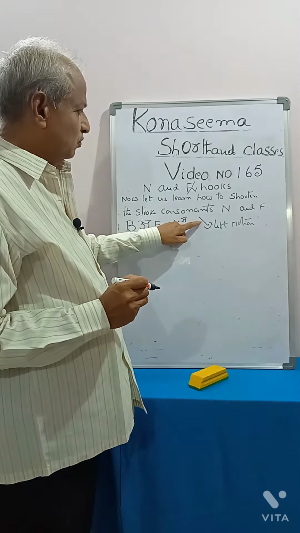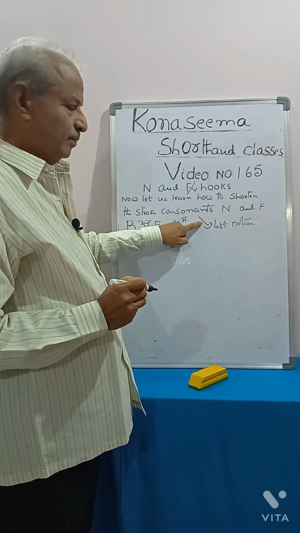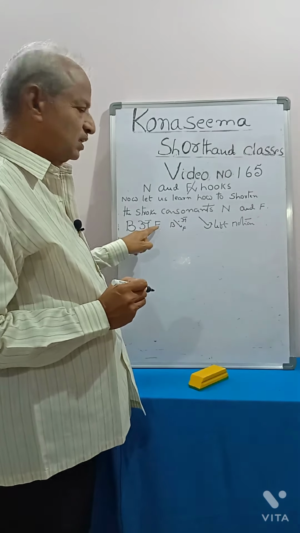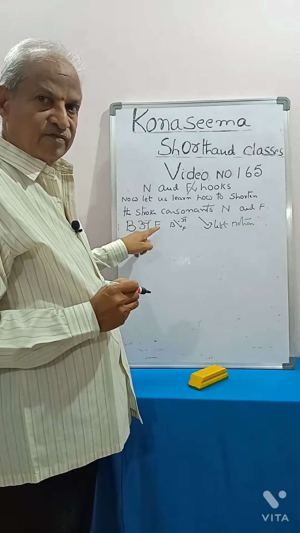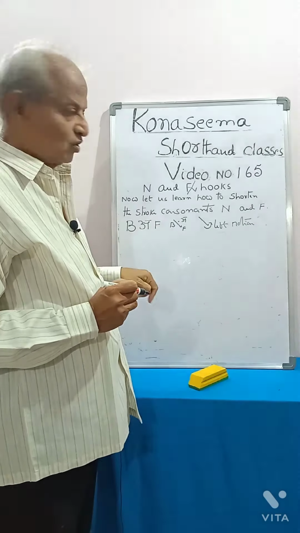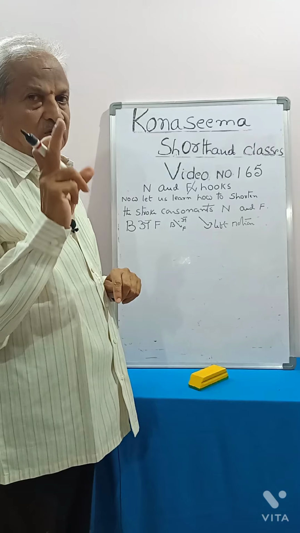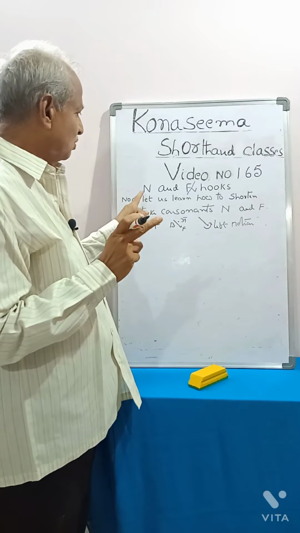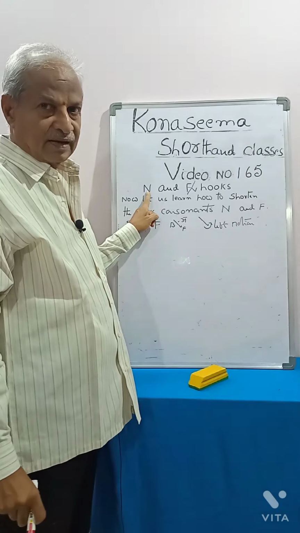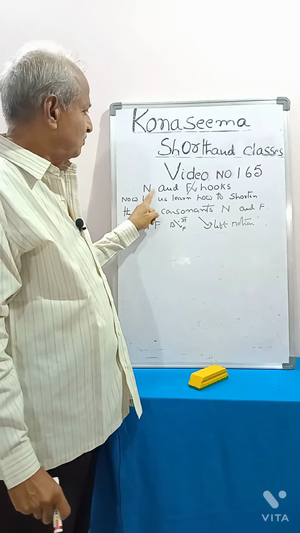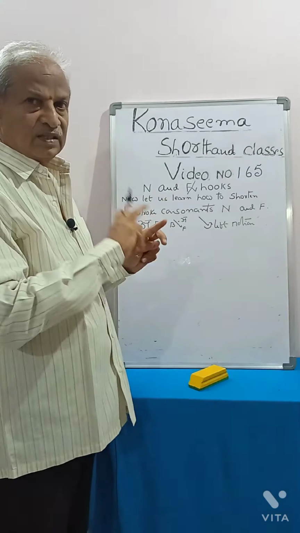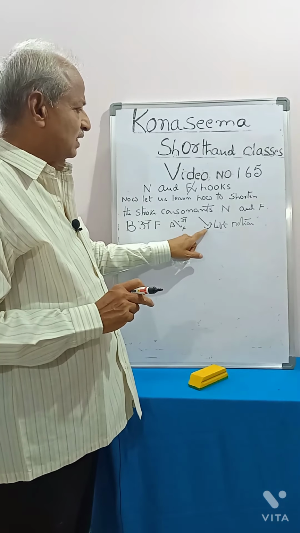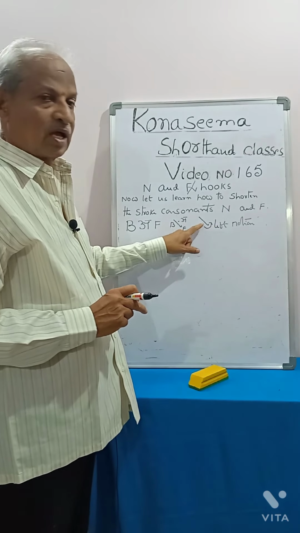Here we write the B. Instead of writing the stroke consonant F, we will write the final hook with left motion. We write final hook with right motion for N, but for F, V in the reverse, we will write in the left motion. This is buff.